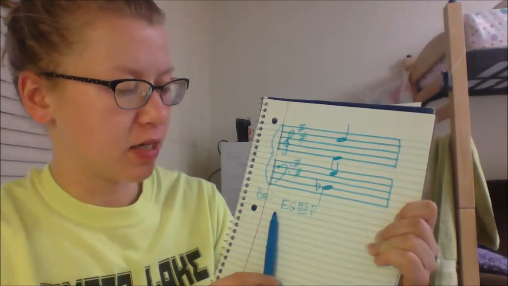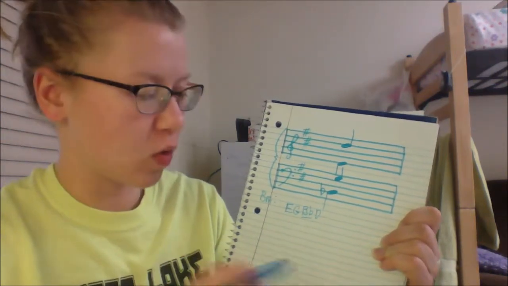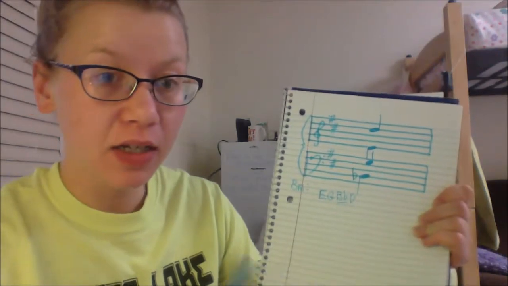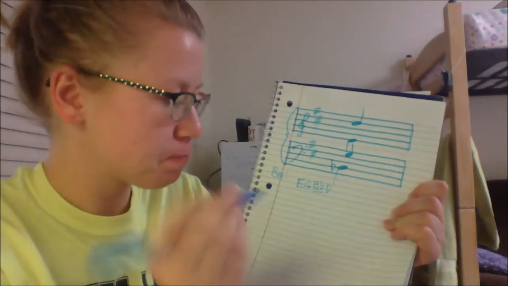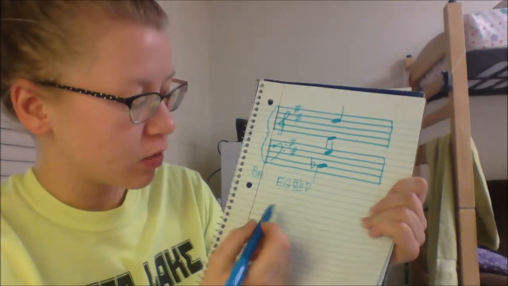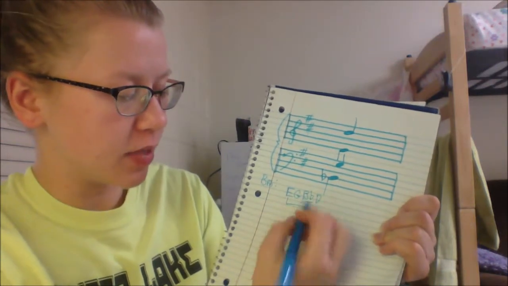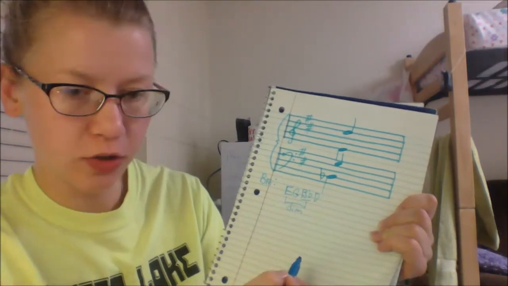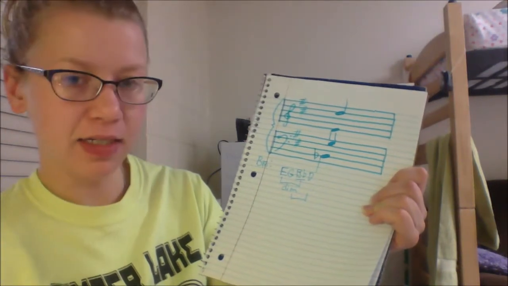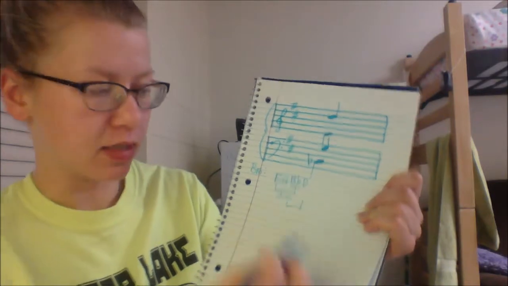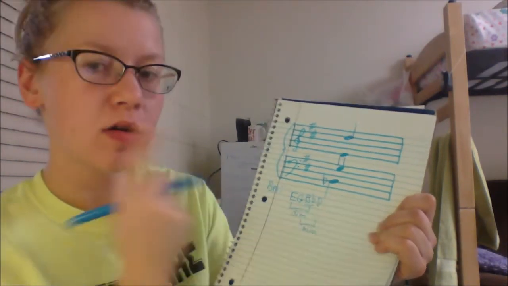So we have this E chord, and the next thing we need to do is figure out what kind of E chord this is. It's obviously a 7 chord of some sort because it has 4 different notes within it. So the first thing we need to look at is, what is this triad? E, G, B flat is a diminished triad, and the next triad, G, B flat, D, is a minor triad.